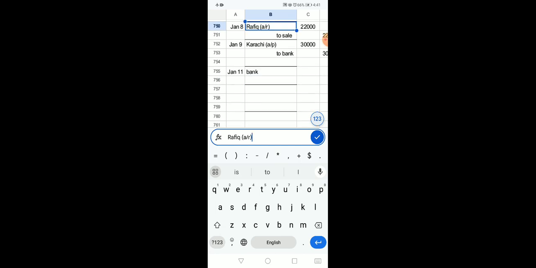It means amount is no more receivable from Rafiq. He was your asset. When he is no more your account receivable, means he is no more your asset. Asset is decreased. Decrease in asset should be mentioned on credit side. So you will mention name of Rafiq on credit side. Although he was your account receivable, account receivables are asset, assets place is debit, but since asset is decreasing, that is why you are mentioning name of Rafiq on credit side.